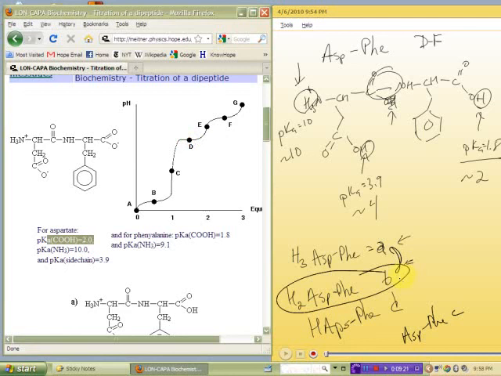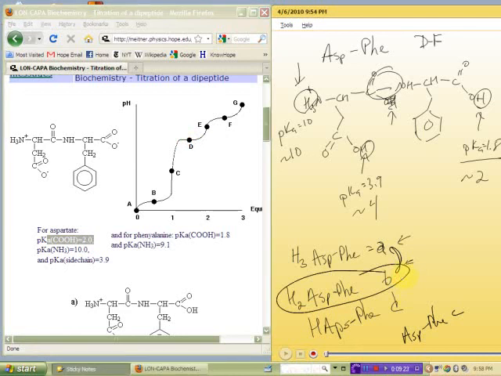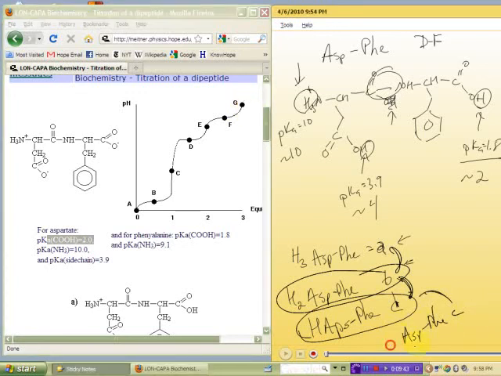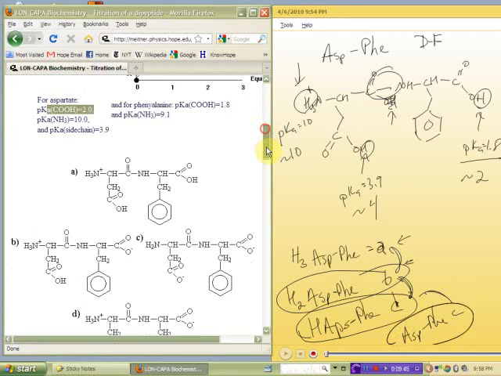D is going to be 50-50 between form B and form C. C is going to be when you're 50-50 between form B and form D. Point D is going to be you're entirely at figure D. F is going to be halfway in between D and C. And G is going to be the last endpoint, where you're at 100% C.